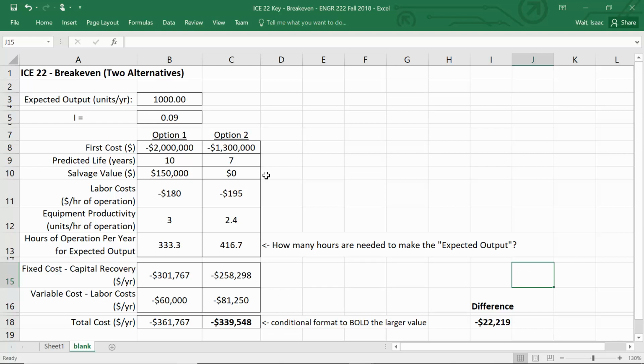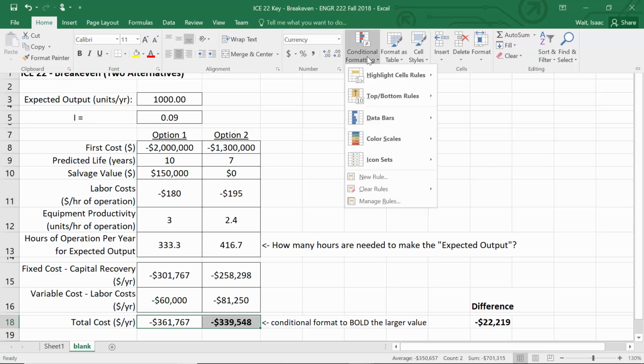So if we make 1,000 per year, which option is better? Option 2 is better because the costs are lower. And I did the conditional format to make it bold, whichever one is better. And just a refresher on the conditional format, you highlight 2 cells, and we'll do conditional formatting.